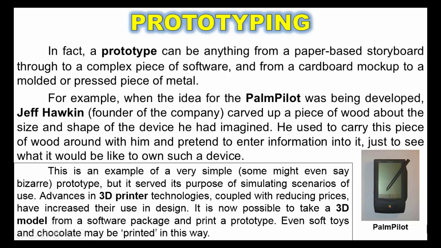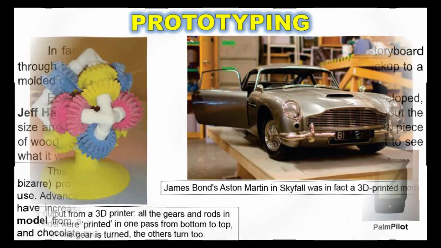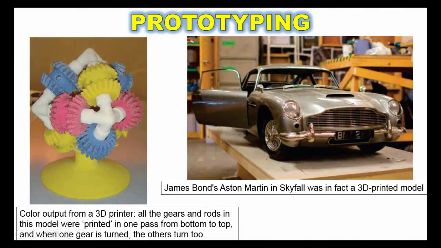Advances in 3D printer technologies, coupled with reducing prices, have increased their use in design. It is now possible to take a 3D model from a software package and print a prototype. Even soft toys and chocolate may be printed in this way. These are examples of prototypes or models made from a 3D printer device.